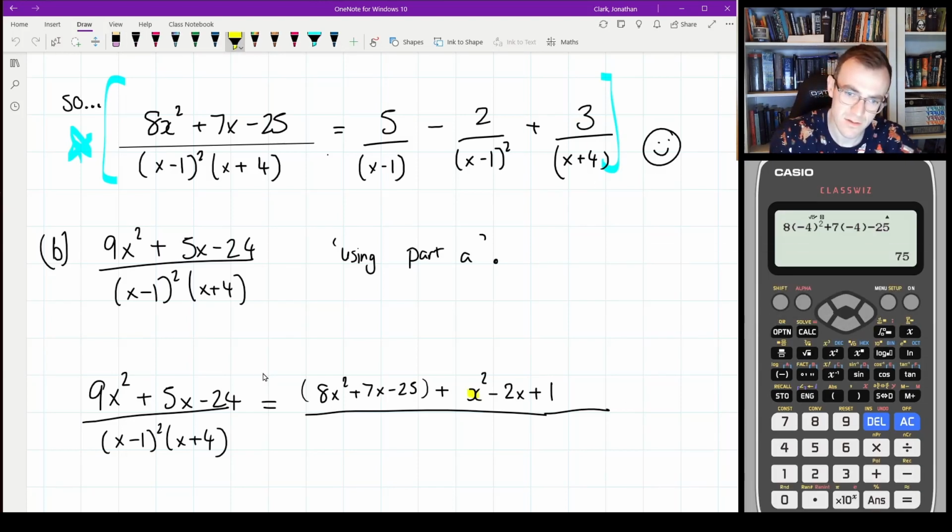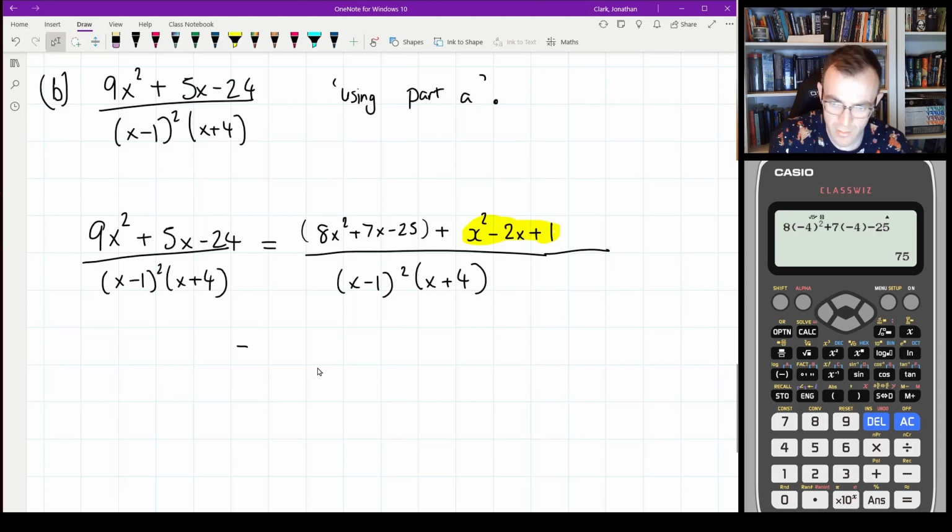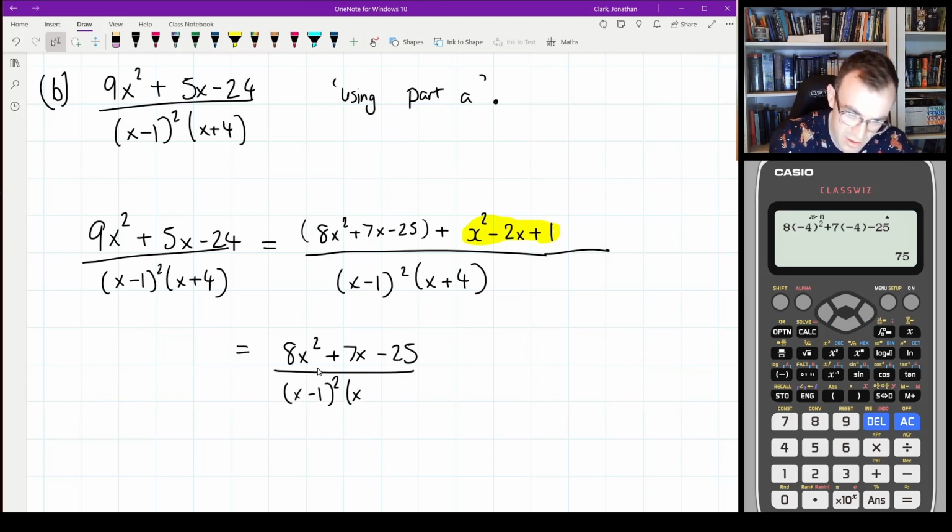So that's the difference between the two expressions, algebraically, that bit there. We can write this as follows. Basically just split the fraction up.